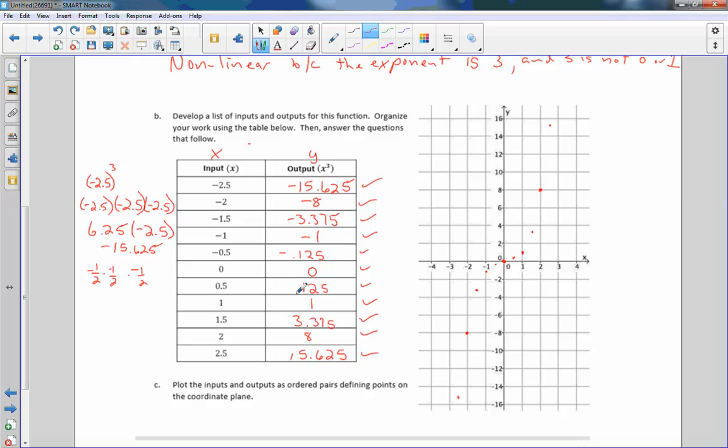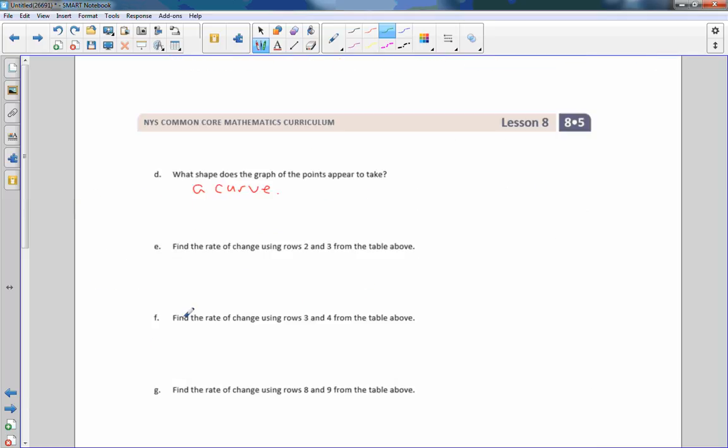Okay. Row 2 and 3, let me change colors, are these two here. There's row 2 and row 3. So that is going to be y2 minus y1, negative 3.375.